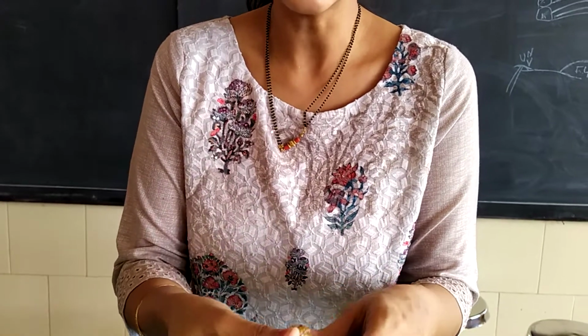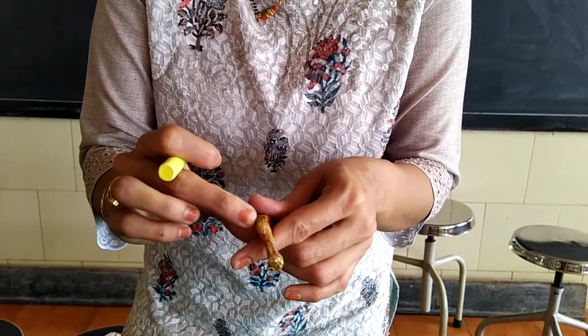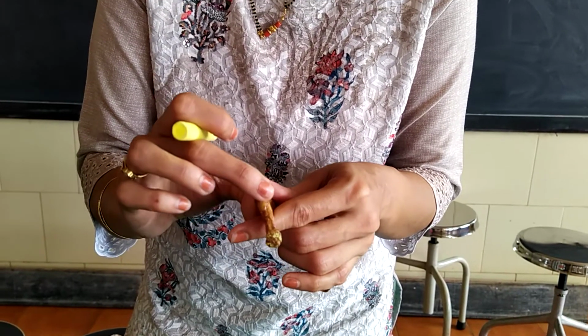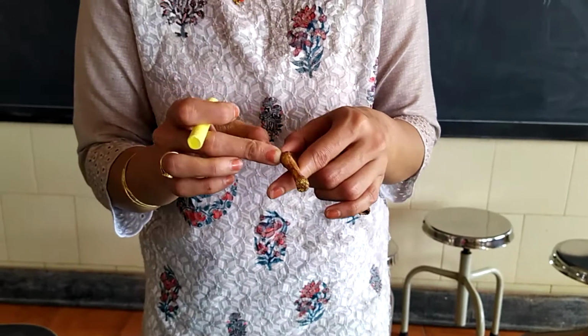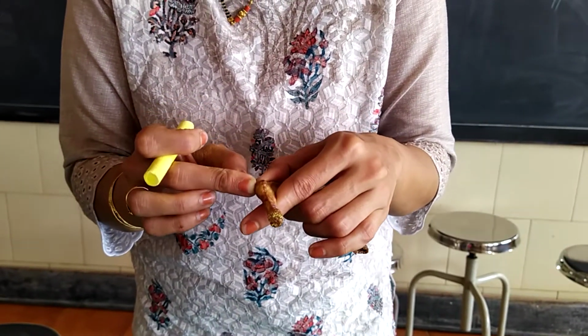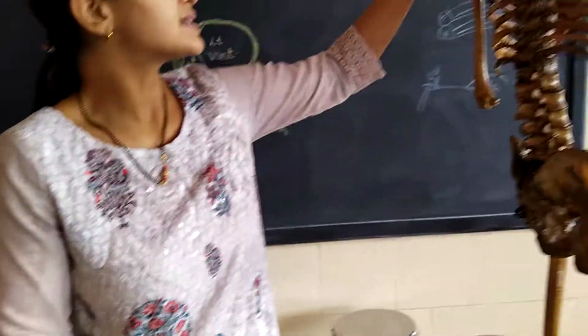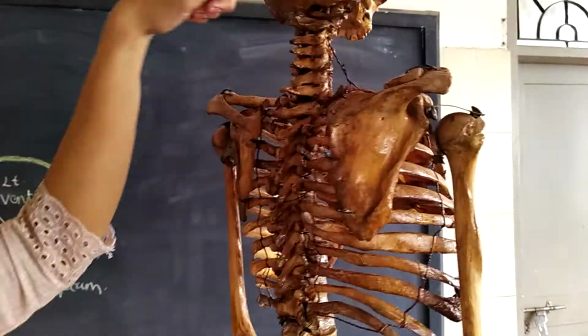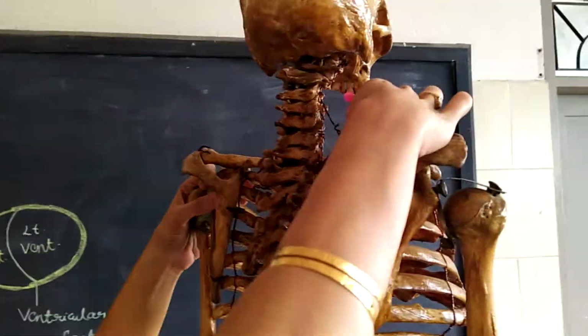Coming to the tubercle, see, this particular part forms the tubercle. This tubercle has a facet, and this facet articulates with the facet present on the transverse process of the vertebra. So, here you can see, this is the first rib.